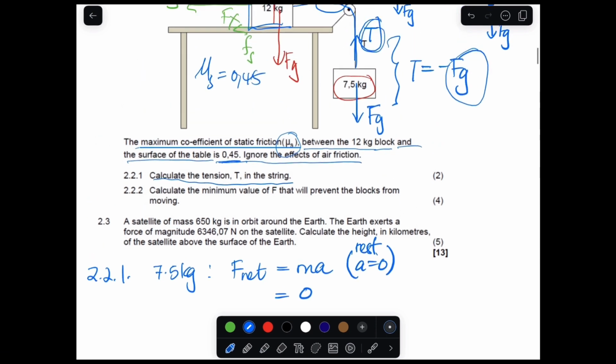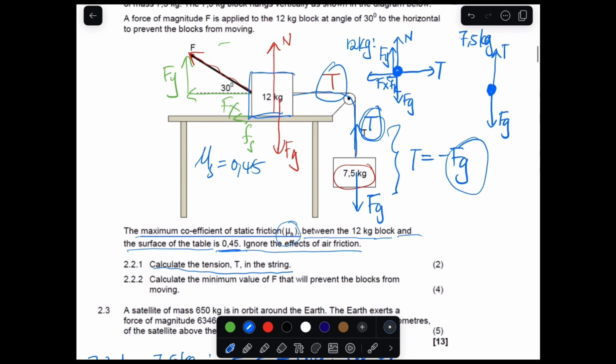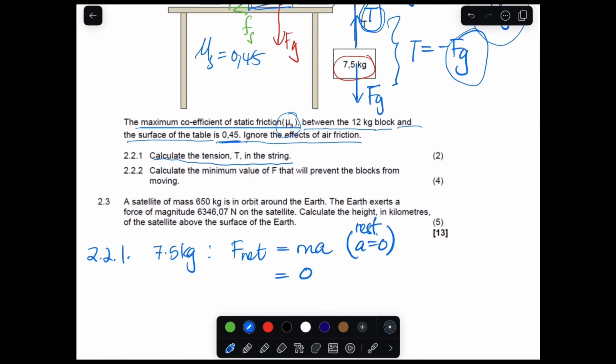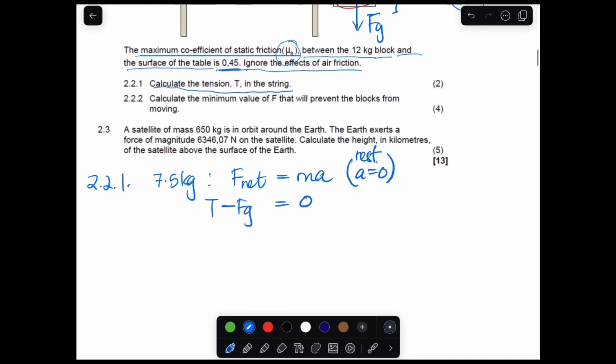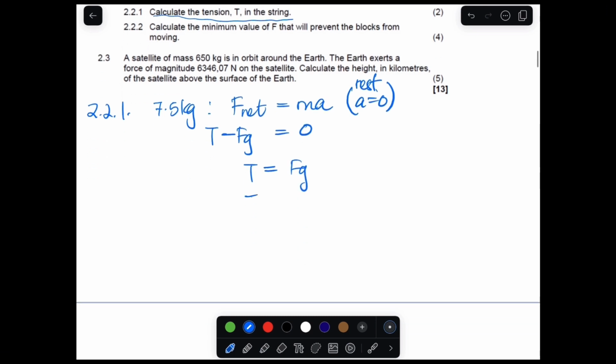The forces acting here are these two, so it's positive tension minus the gravitational force. This simply means that the tension is equivalent to the gravitational force, so T is equal to mg, and then we substitute the mass 7.5.